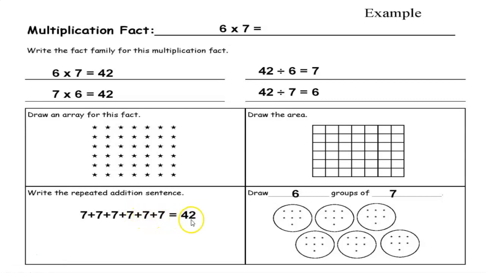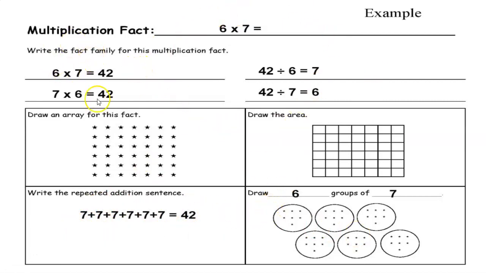And eventually you have 42. Then you're going to draw groups. The first factor is the number of groups, so you write 6 groups. The second factor tells you how many are inside each group, so 7. So we have 1, 2, 3, 4, 5, 6 groups with 7 inside. Okay? So that is what your completed paper will look like.